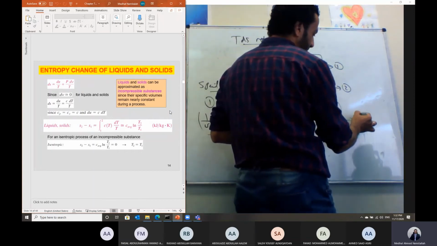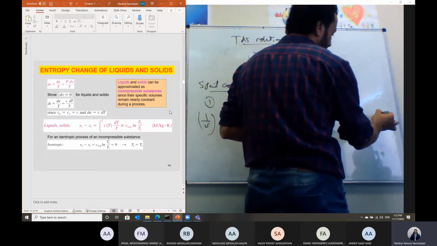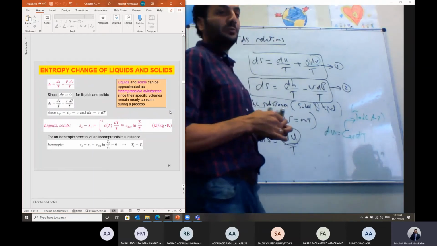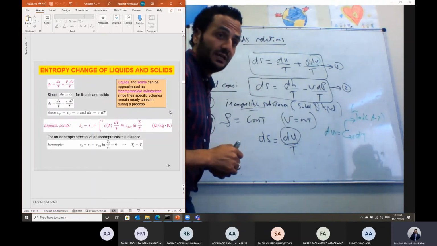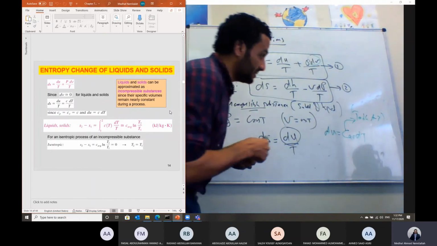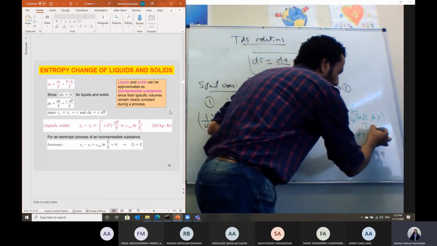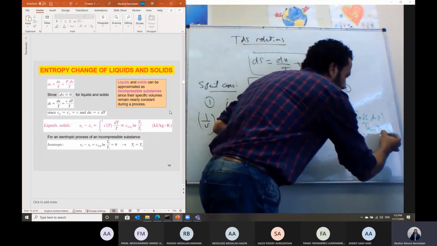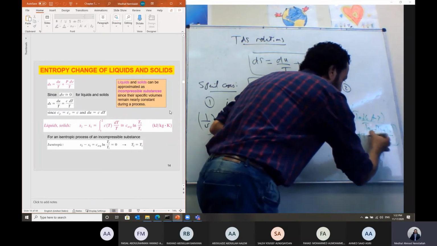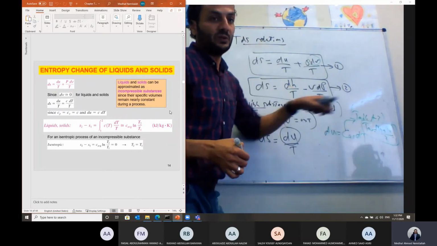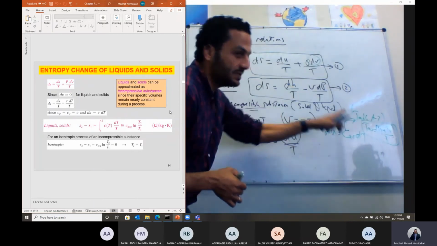And this C average is calculated from where? From table A3. For an incompressible substance, we calculate the average temperature, T average for a process, which is T1 plus T2 divided by 2. Take this average temperature, go to table A3, then we can calculate C average.